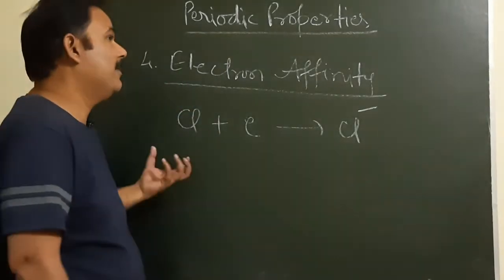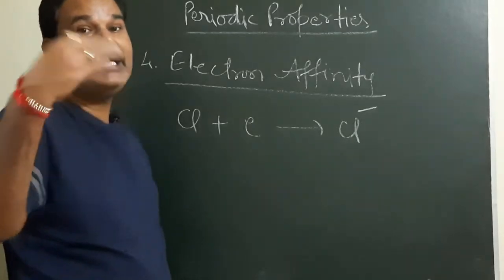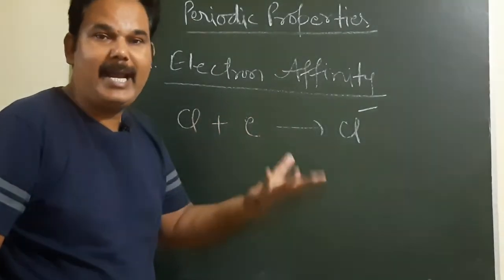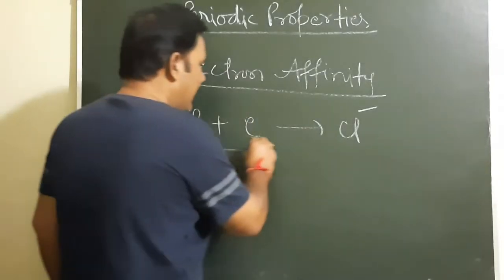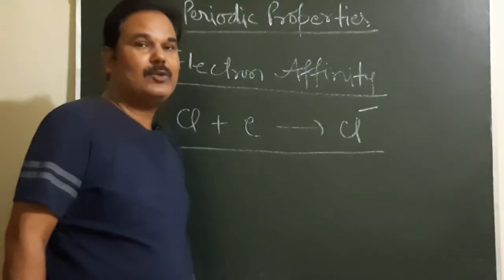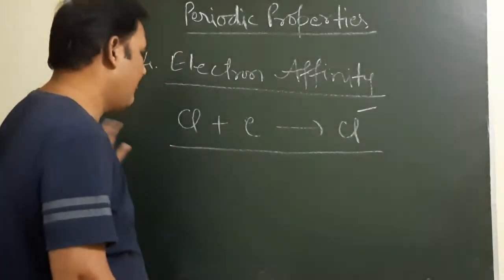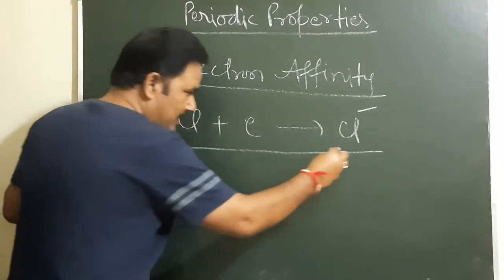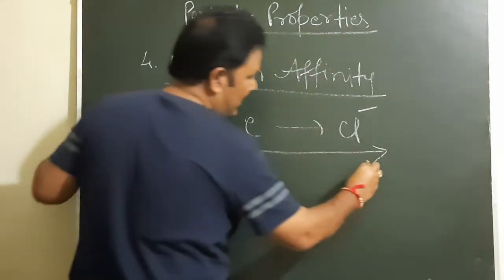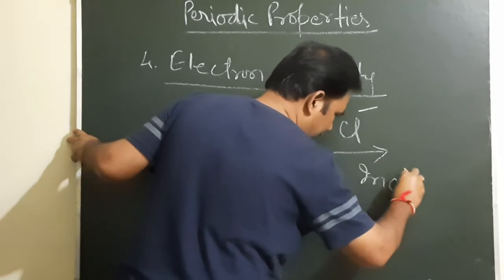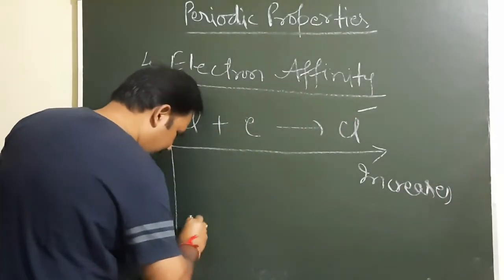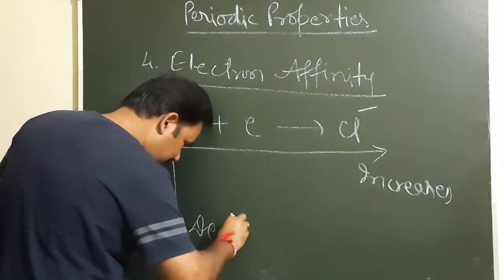So electron gain enthalpy is the amount of energy released when an atom accepts one electron to form the anion. This is the electron gain enthalpy, and this characteristic of the element is known as the electron affinity. What will be the changes in the periods as well as in the groups? In the period it increases and in the group it decreases.